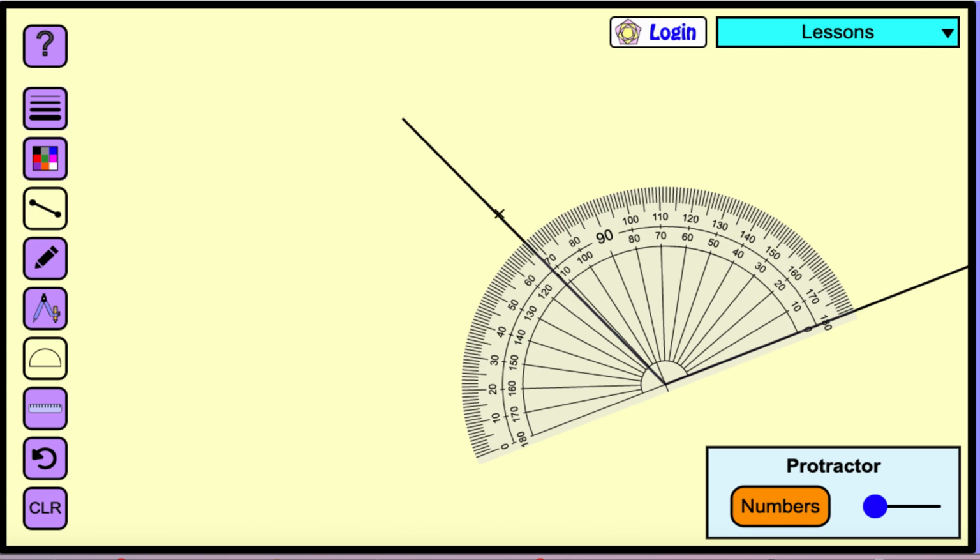So this angle is 112 degrees. An angle like this, larger than 90 degrees, we call an obtuse angle. If it's smaller than 90 degrees, we call that an acute angle, right? What if it's a 90-degree angle? We call that a right angle.